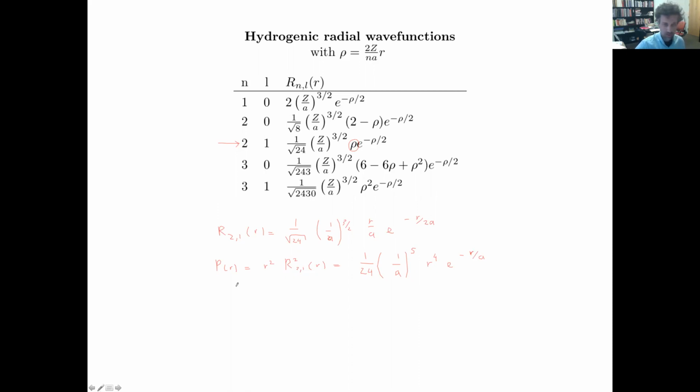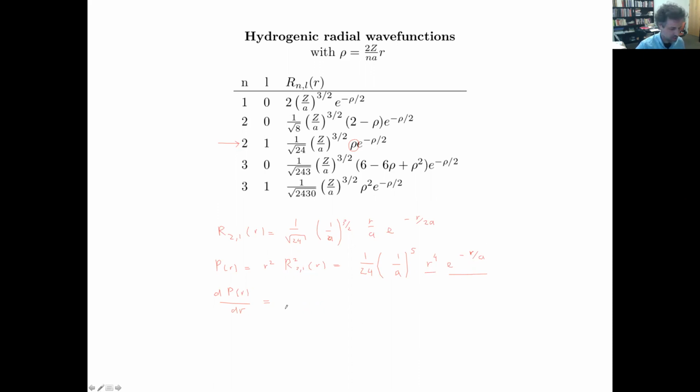Then the final step is to determine the derivative of this function. And again, you use the product rule. I have two functions, r to the 4th, and then this exponent. It's exactly the same as we did before. I get slightly different values because this r to the 4th is different, and this argument of the exponential is different as well.